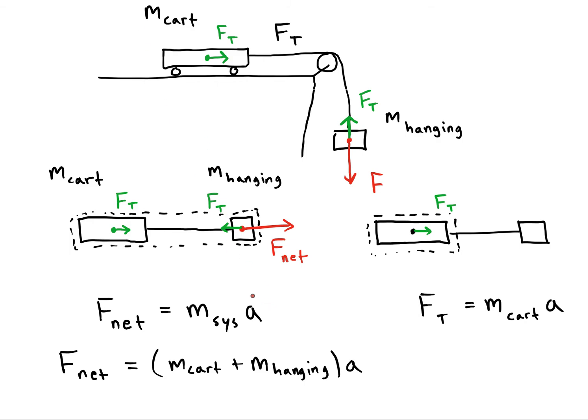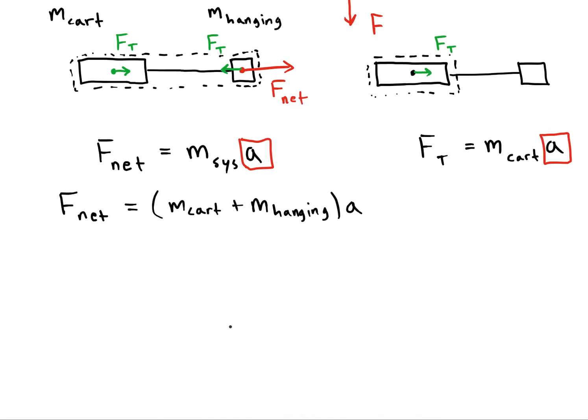So since they have acceleration in common, and it's the same value for both, you want to solve both equations for A. I'll solve this one for A. You get A equals F net divided by the mass of the cart plus the mass of the hanger.